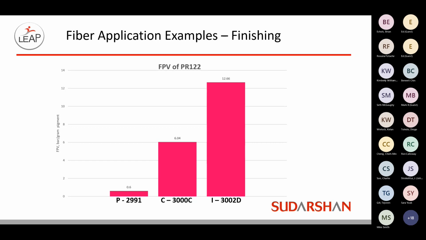So first up, of course, is fiber application, and in this particular case, we're looking at the red 122. In our study here, we chose a plastic product, a coatings product, and an inks product. In this case, we definitely see that the techniques we've used to create the plastics product, the 2991, offer a very good choice for a fiber application.